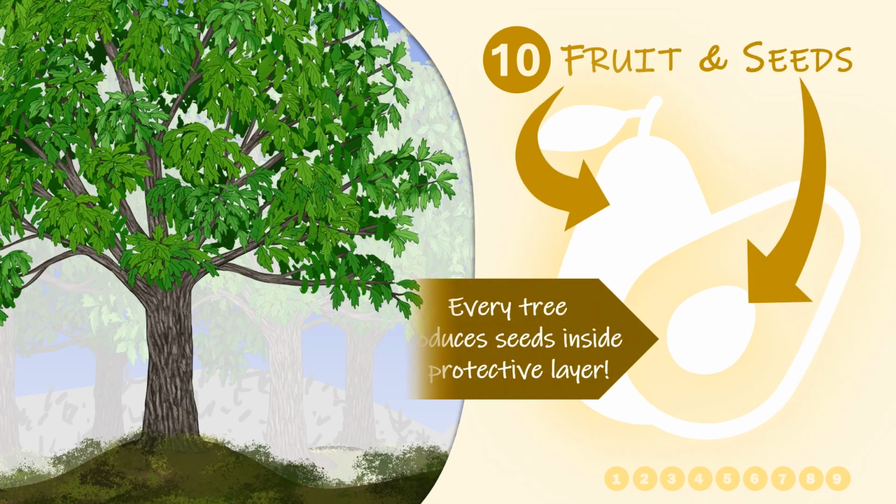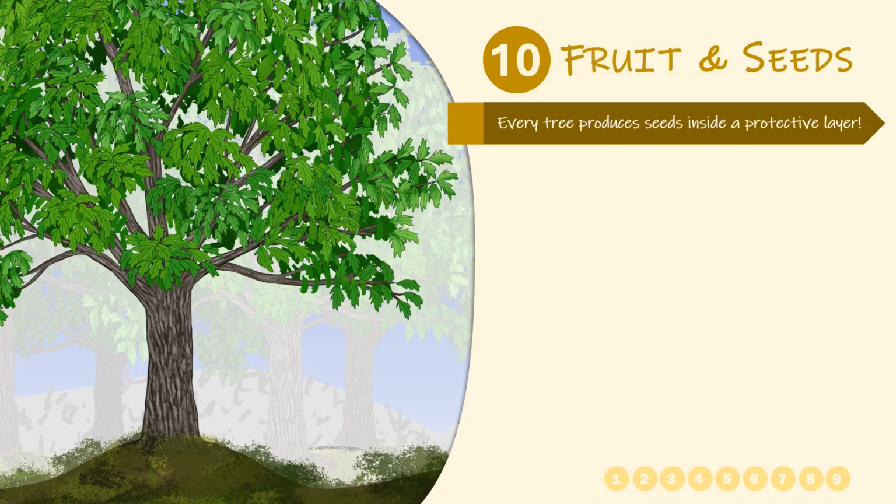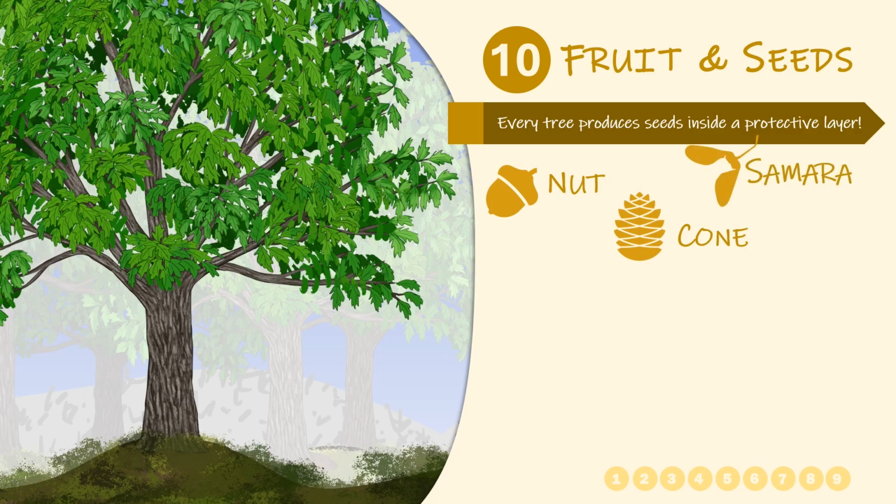All trees produce seeds that are protected by a type of hard structure, like a pod, cone, or nut, or inside a soft fleshy structure like a fruit. The most common types of tree fruits or seeds include nuts, such as walnuts or acorns, cones produced by coniferous trees, samaras, dry seed pods from maples or ash.